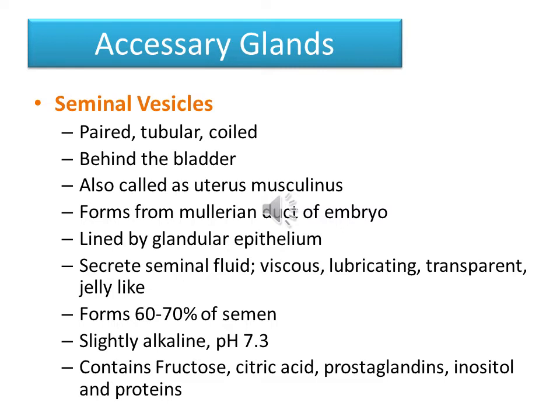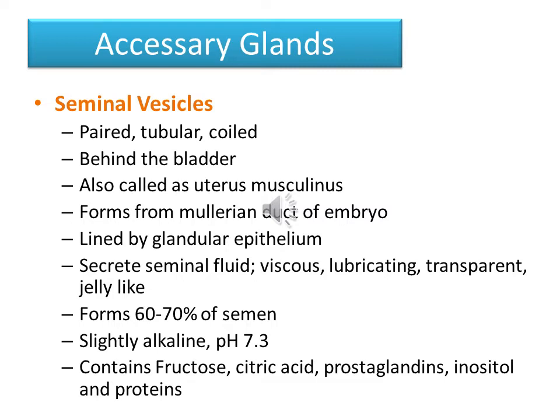Fine. Important is fructose because as you know that sperms travel up to egg. Sperms have to do a very long journey. They have to reach up to the egg cell for fertilization. For their transfer, lot of energy is required. So to provide energy in the motility of sperm, fructose is present. So that fructose provides the instant energy when sperms are swimming to reach up to the egg cell.